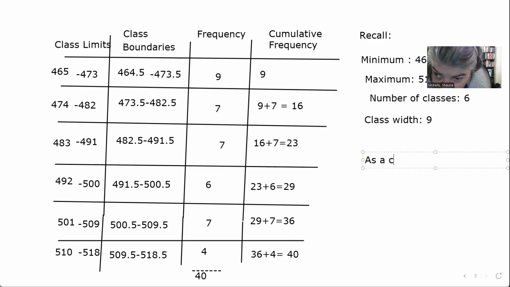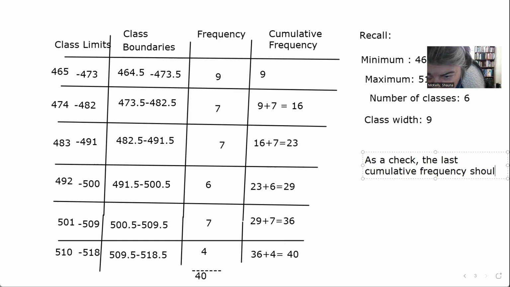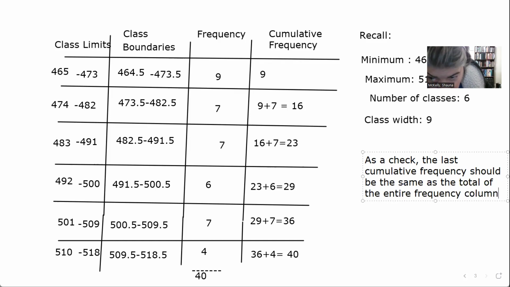As a check, the last cumulative frequency should be the same as the total of the entire frequency column, the sum of all the frequencies. Okay, and it does work. And this is your group frequency distribution for this problem.